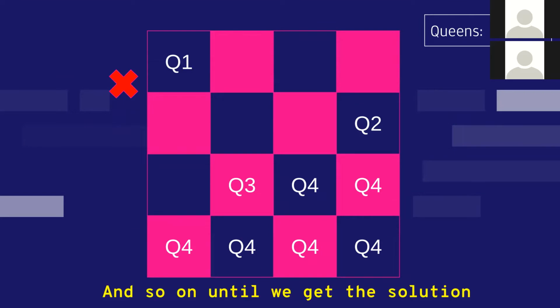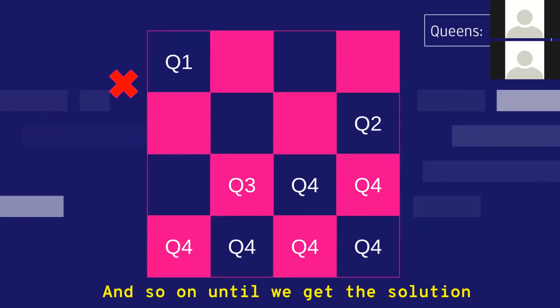So the story is like this, guys. Initially there's no one on the board. Q1 sits at one place and then it asks Q2 to go to any position which it doesn't attack. So Q2 will find a place. There are a lot of places like that. Q2 will go to the first safe place that it can find.